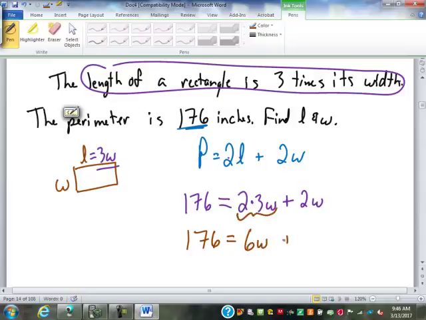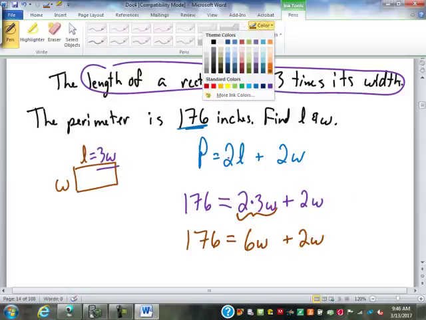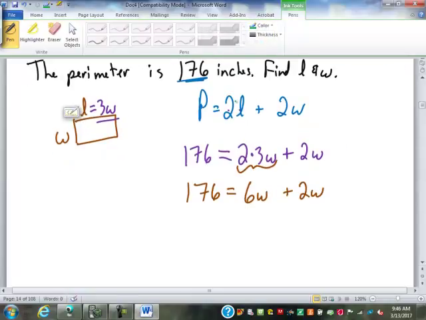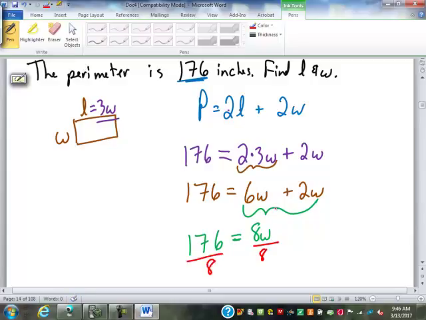Two times 3W is 6W. Then I can combine what? 6W and 2W makes 8W. So we got 176 equals 8W, and then divide by 8 gives me that 22 equals W.